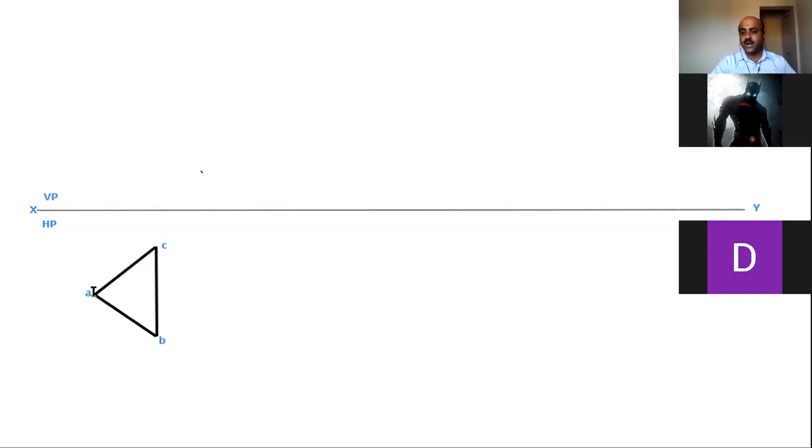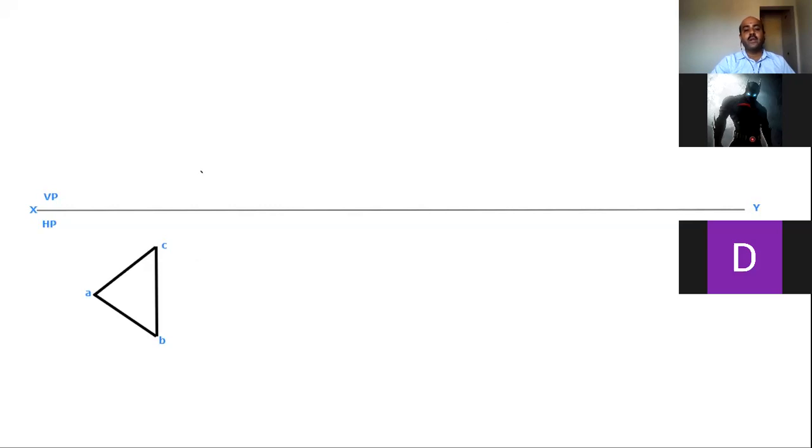So please construct the equilateral triangular lamina in such a way that the corner comes to your left. This is the condition we will satisfy at the end, showing the corner is resting on HP. I will show you in the final position how we can satisfy that condition. I hope everybody is doing it. If you need any clarification, you can ask at the end.